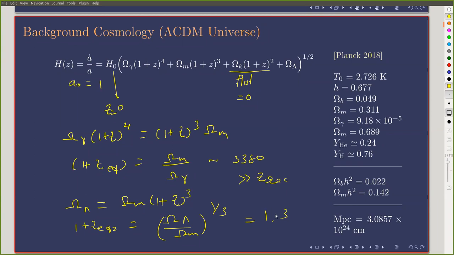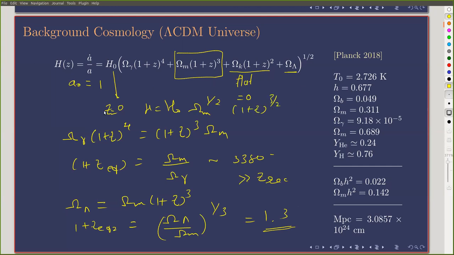So only around redshift 1.3 will the dark energy term dominate. Between these two, the only thing that dominates is the matter component, and so we will only be focusing on that component. So we can write H equals H0 times omega m raised to half times (1 plus z) raised to 3 by 2.